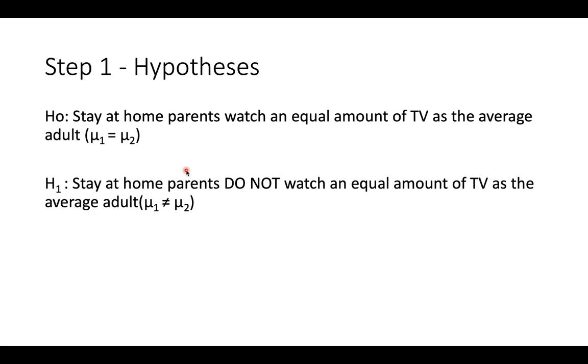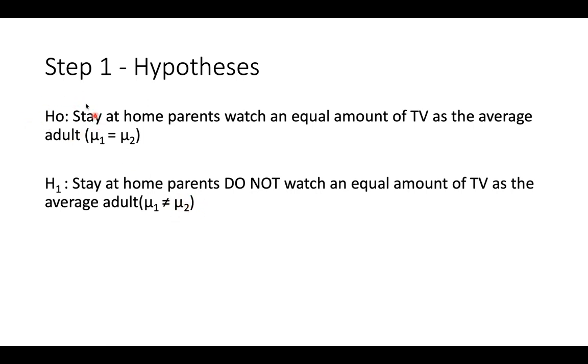So first step, our hypotheses. When we have a non-directional hypothesis, a two-tailed hypothesis, that means we're saying that they will be different from. We don't know whether they'll be less than or greater than, just different from. So our research hypothesis, our H1, is that stay-at-home parents are not equal to the average adult, right? We want to know, do they differ from the average adult? So are stay-at-home parents different from, right, not equal to the average adult?